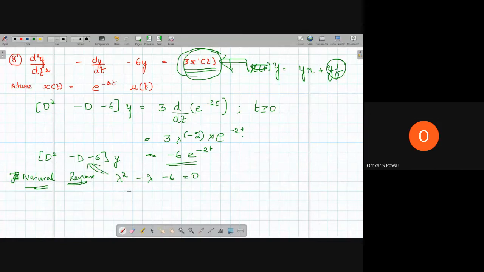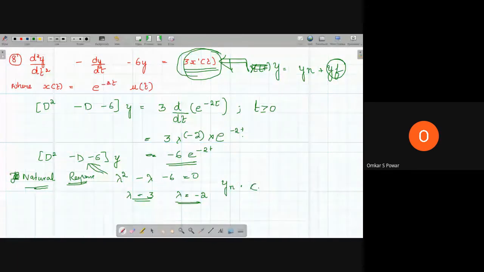So if you solve this in calculator or you can solve it manually, you will get lambda is equal to 3 and lambda is equal to minus 2. What is the natural response for the system here? C1 e power lambda 1 into t plus C2 e power lambda 2t.